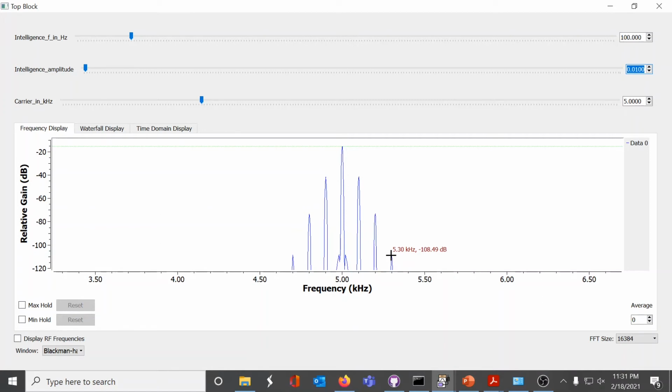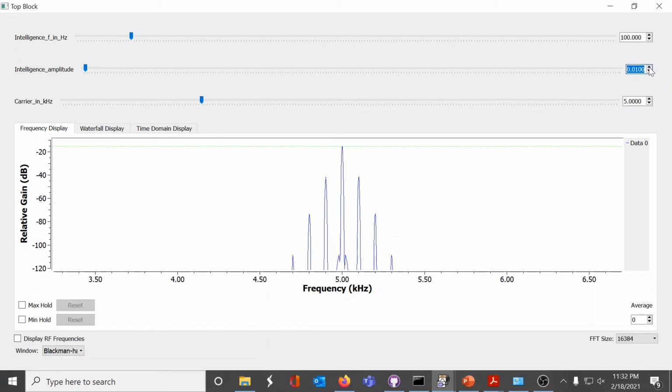So there's the frequency of the carrier. Remember, it was 5 kilohertz. The frequency of our modulating signal is 100. So 5,000 plus 3 times 100 is 5.3K. And of course, there is a negative sideband complement over here as well at 4.7.